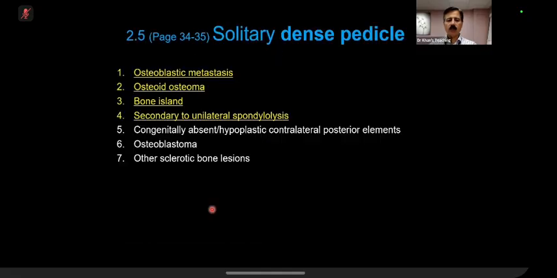So in your book, if you see here, solitary dense pedicle, this is 2.5. Osteoblastic metastasis, they have come in the exam very often. Osteoid osteoma, I've already shown you, a bone island.